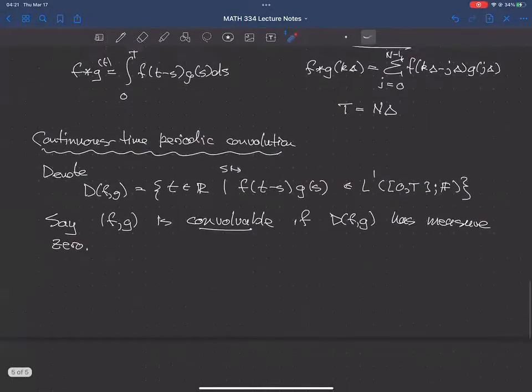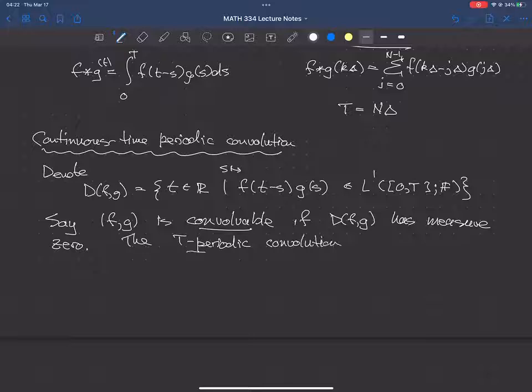And the convolution, or maybe I'll say the T-periodic convolution of F and G, is just given by the formula above.